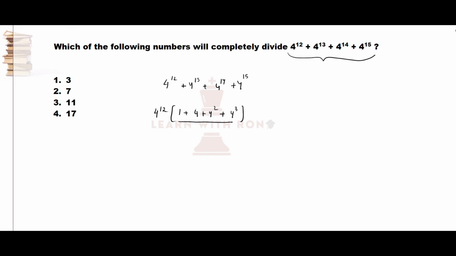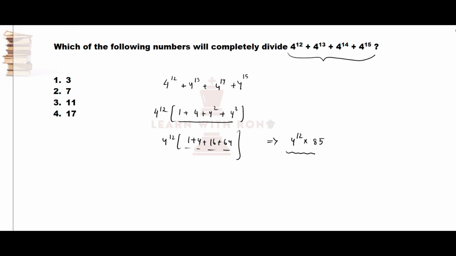If we add all these values, we will get 4 to the power of 12 times, 4 power 1 is 1, 4 square is 16 and 4 cube is 64. See here, 64 plus 16 is 80, 84 and 85. So we got the value 4 power of 12 multiplied with 85.